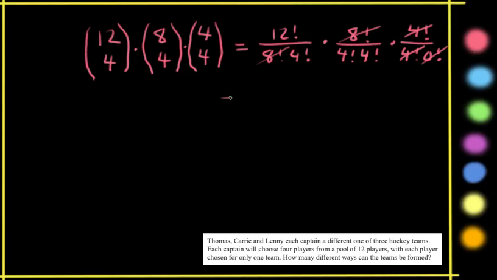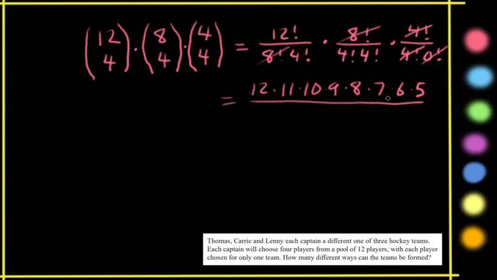So this is going to be 12 times 11 times 10 times 9 times 8 times 7 times 6 times 5, and then there's going to be times 4 all the way down, but I'm going to cancel that with one of these 4 factorials. And then all that's left is another 4 factorial here and another 4 factorial here. These are each 24, so maybe I'll just do 24 times 24 down on the bottom.